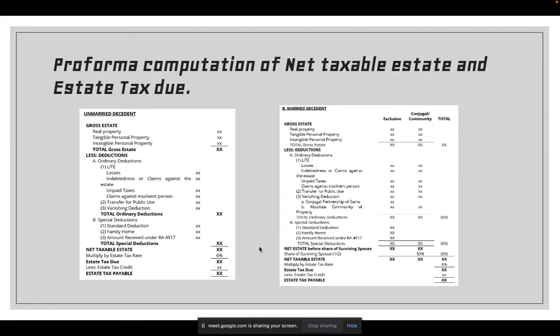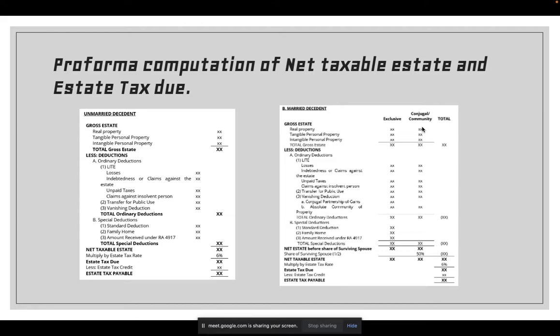For a married decedent, meron ka talaga ganitong ipa-plot. Dapat meron kang exclusive property tsaka community property. Okay, lahat ng exclusive ilagay mo dun sa exclusive at lahat ng community or conjugal property ilagay mo sa conjugal property. Bakit?